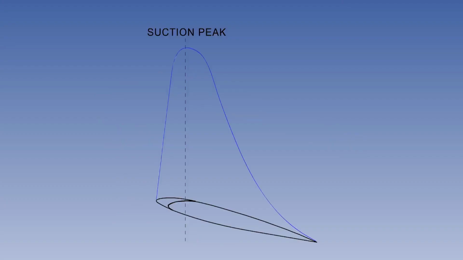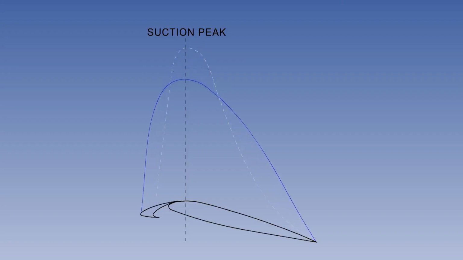Here we can see a sketch of the low pressure area on the top of the wing, with the aircraft at a high angle of attack. Suction is reduced towards the trailing edge because of minor airflow separation. When slats are driven open, we know that the increased boundary layer kinetic energy reattaches the airflow.